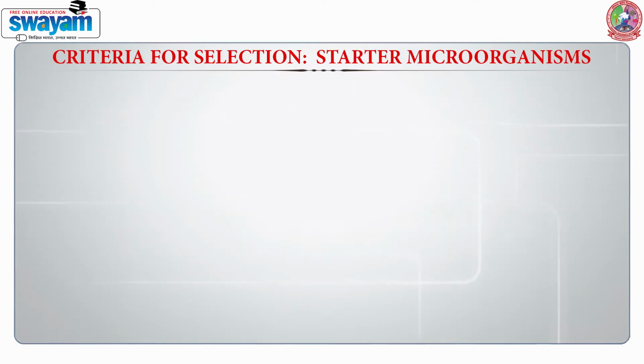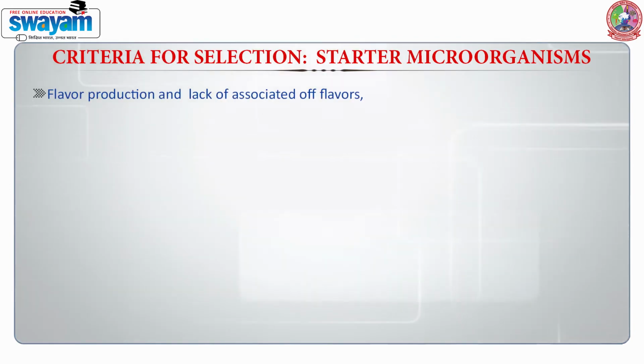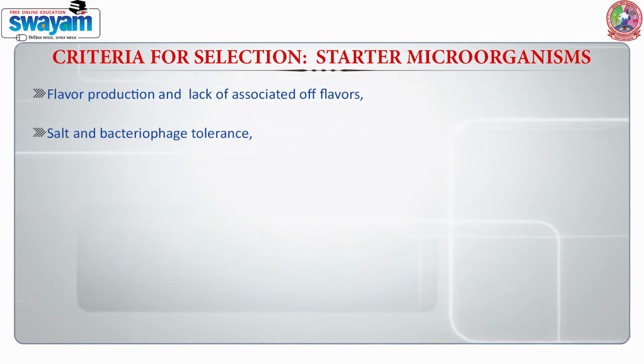Prior to the selection of an organism to be used as a component of the starter culture, it should satisfy certain criteria. The important criteria for the selection of a microorganism as a constituent of starter culture are: first, they should produce flavor and they should not produce off flavors in the final product. It should exhibit salt and bacteriophage tolerance.